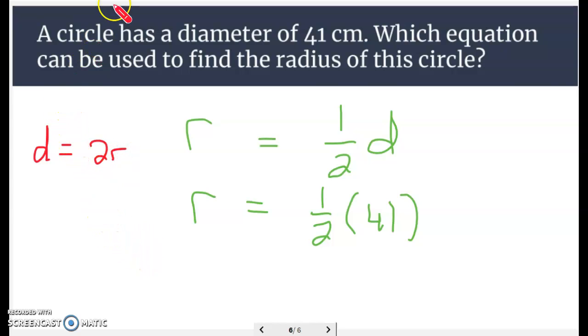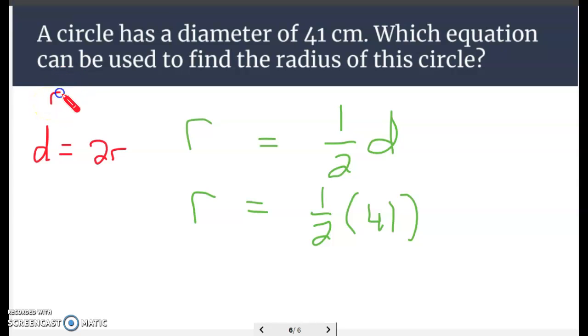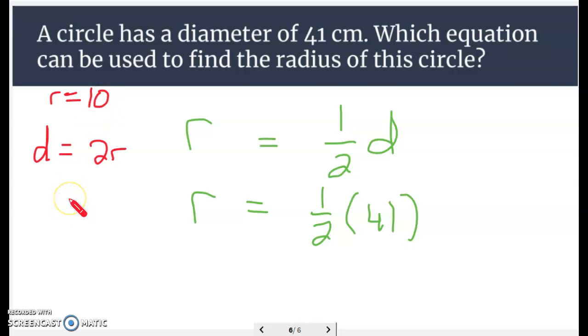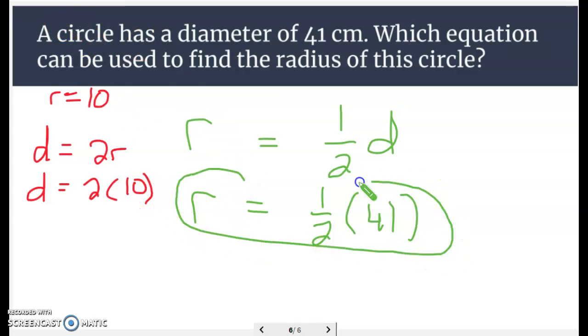So let's say the question said a circle has a radius of 10. The equation to find the diameter would be D equals 2 times 10. And we know that to be 20. Like we said, this is just figuring out what the equations to solve these are and what they would look like.